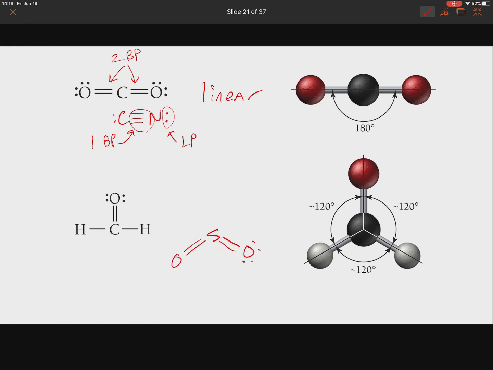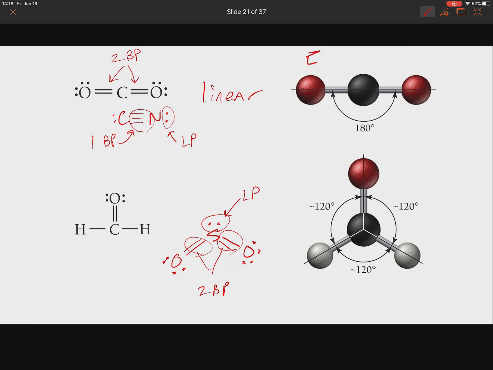In SO2, we have a situation where we have 3 electron groups. And one of them is a lone pair. We don't call, so we have 2 different terms.